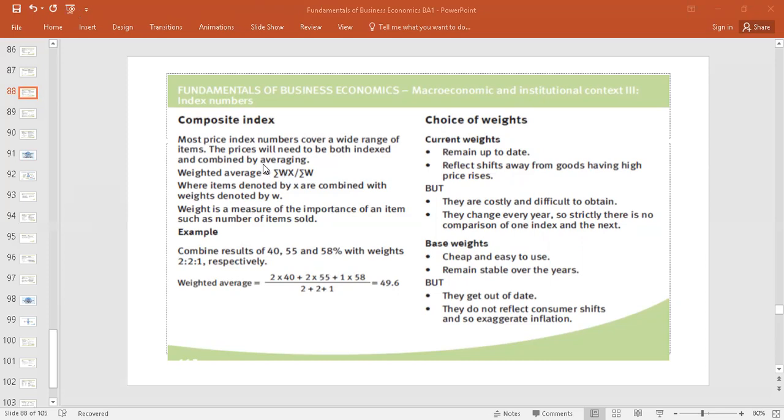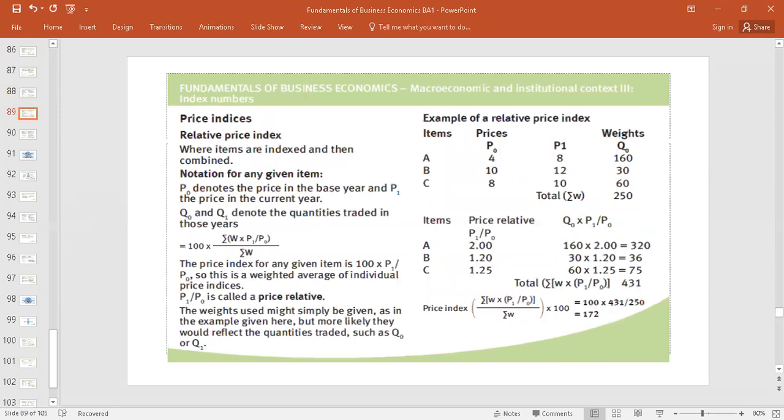So that is also a way to calculate. It does not depend only on the prices, but along with the prices, the weights are also taken into consideration. Okay, that is called a composite index. We can also calculate just with the prices. The price in the base year is P0, the price in the current year is P1.